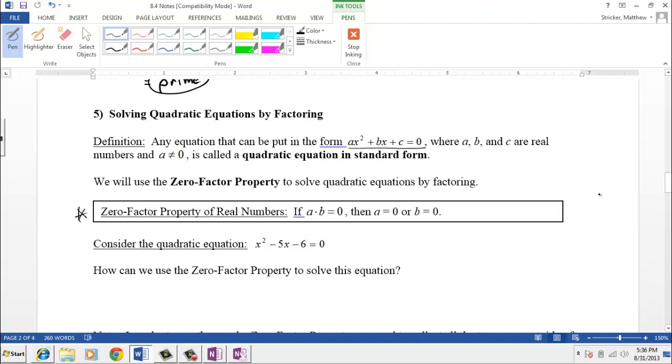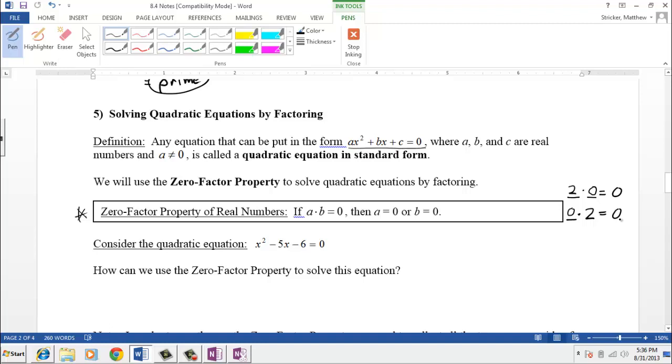In other words, if I have something, say a number 2, and I multiply it by something, the only thing that I can multiply 2 by to get 0 is 0. Likewise, if I multiply in the opposite order, the only thing that I can multiply 2 by to get 0 is 0.